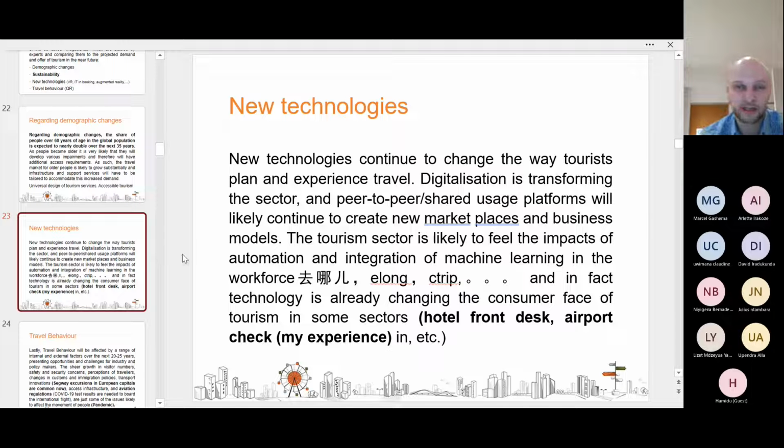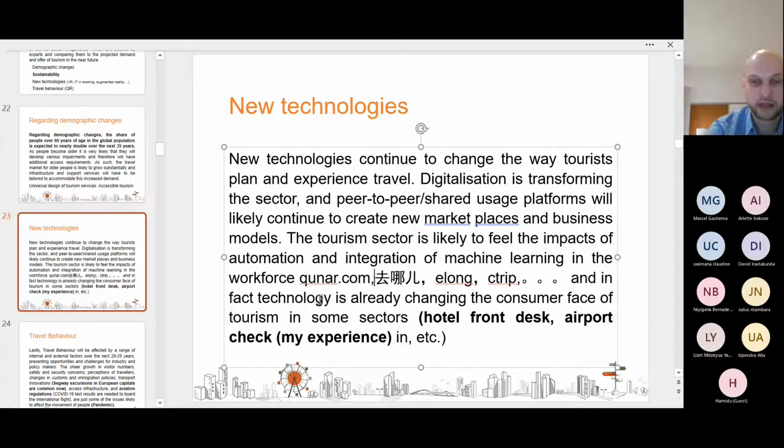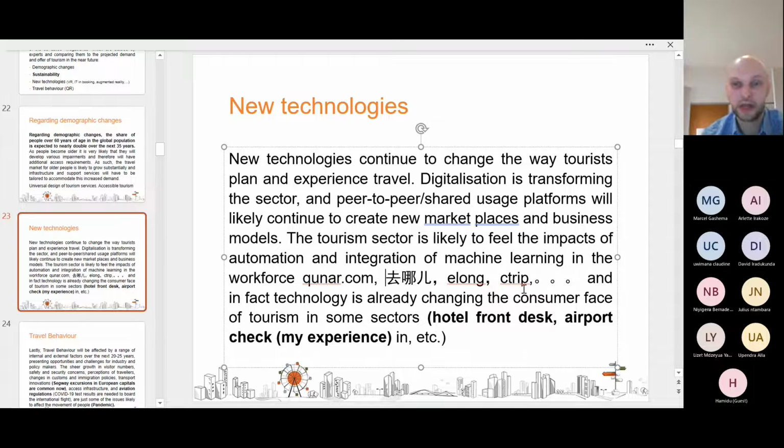So here I just placed some examples from China, some marketplaces for tourism like Qunar.com. Then we have Elong and Ctrip. These are the biggest marketplaces for tickets and booking tour packages in China.